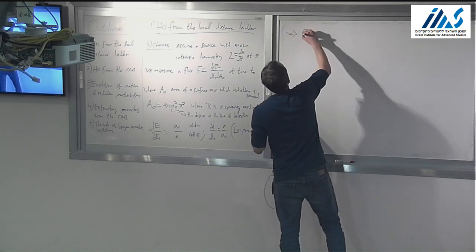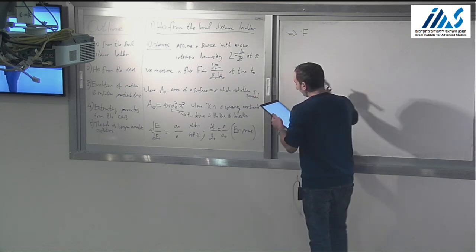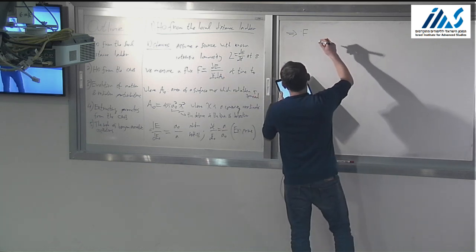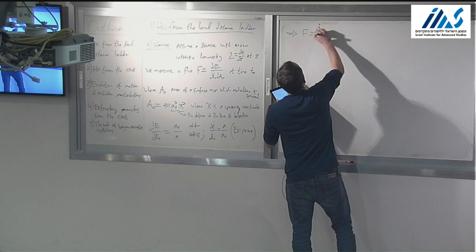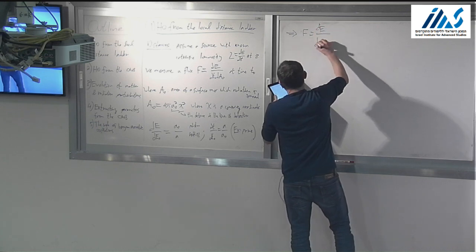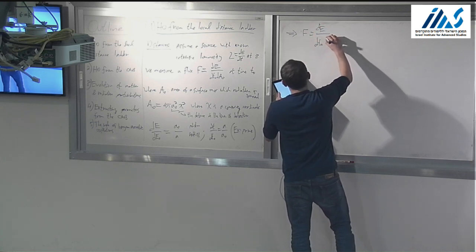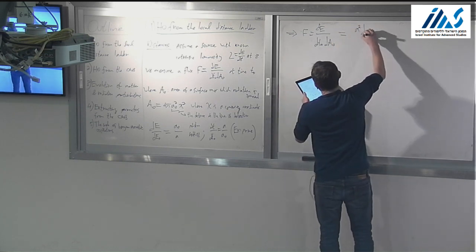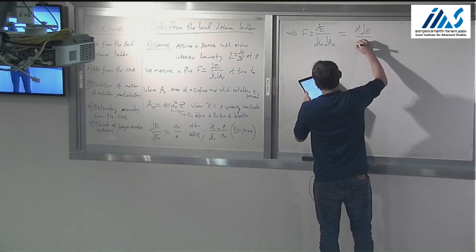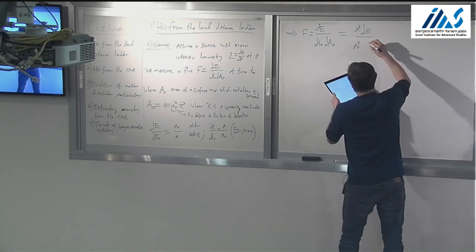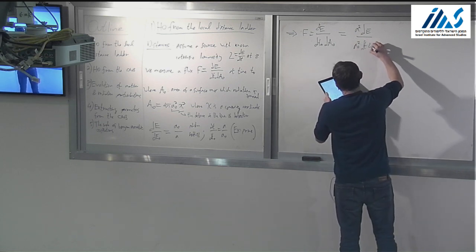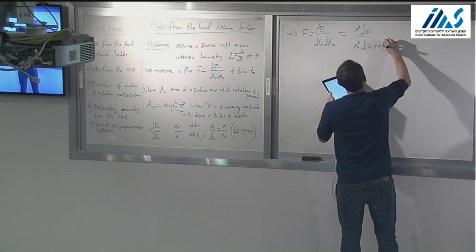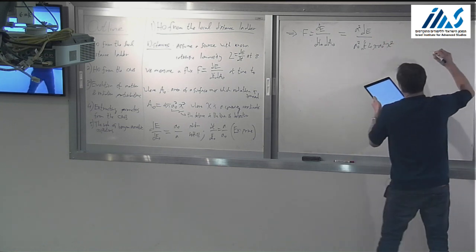Okay, so plugging these in, what we see is that the flux is given by dE/dt naught over dA naught, which is a squared dE a naught squared over dt 4 pi a naught squared chi squared.